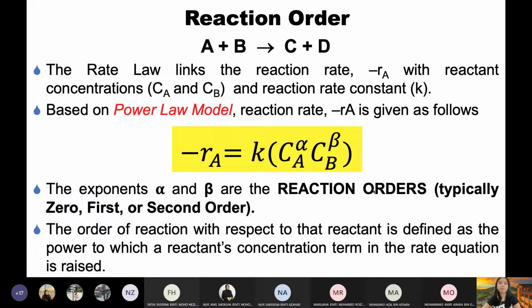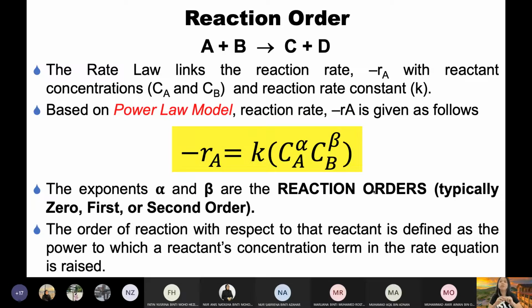Okay, so apa tu reaction order? Reaction order ni, dia adalah number. It can be zero order, first order, second order, third order, fourth order, so on and so forth. However, kamu kena ingat, order dia berlainan, design equation dia jadi berlainan.